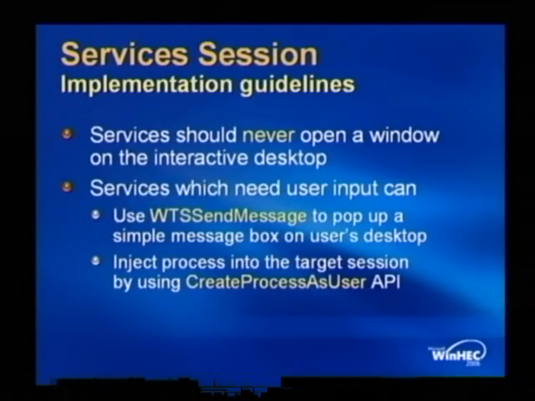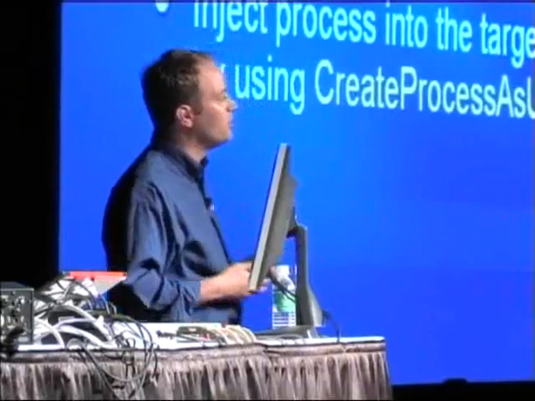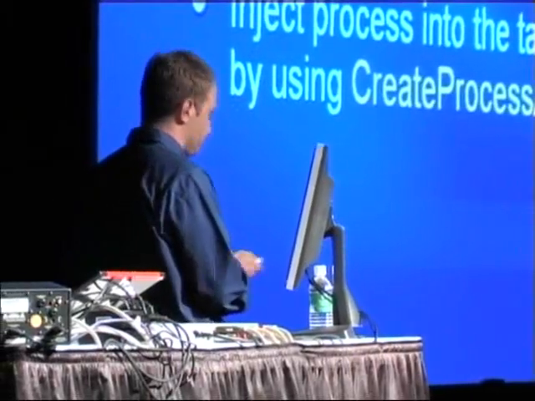If you really want to interact with the user, you can use CreateProcessAsUser and inject a process into the active user session and interact with the user that way. It's a little more work, but we believe it helps us secure the OS much more than it currently is.